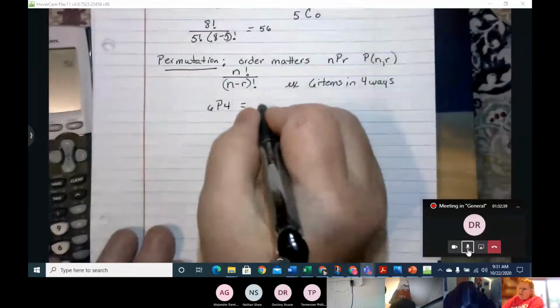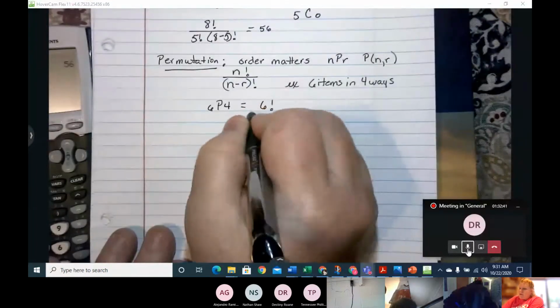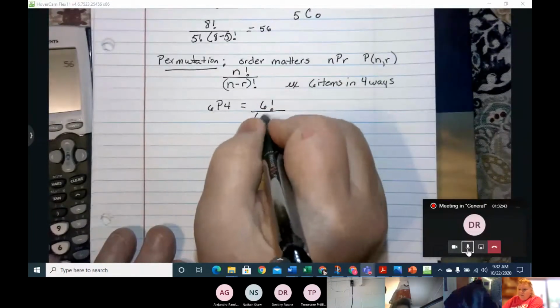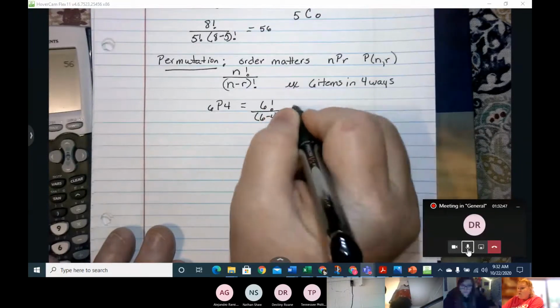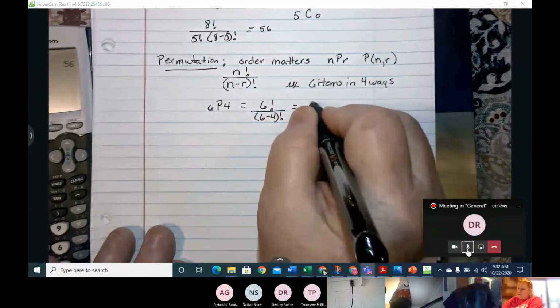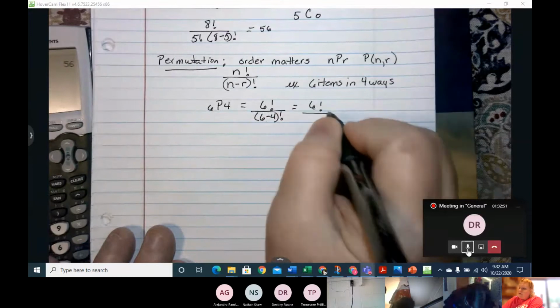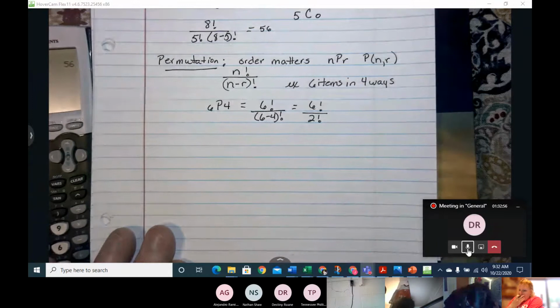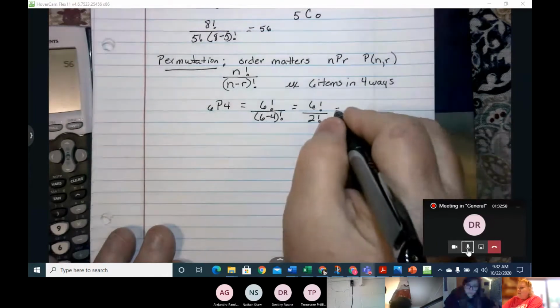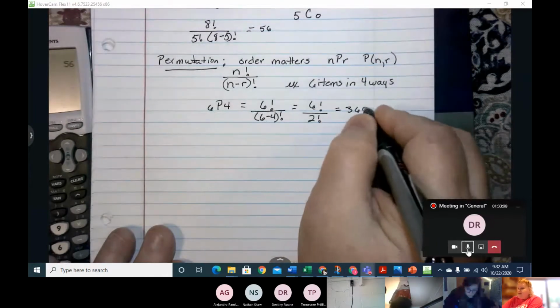In our formula, that would be 6 factorial over 6 minus 4 factorial. If we were to work that out, that would be 2 factorial in the denominator, which is going to give us 360.